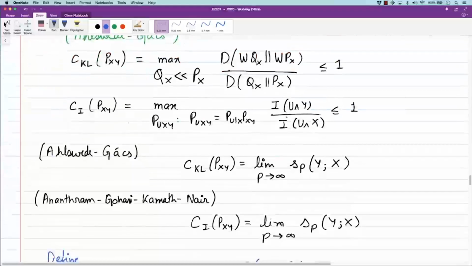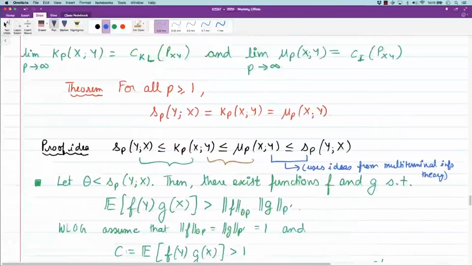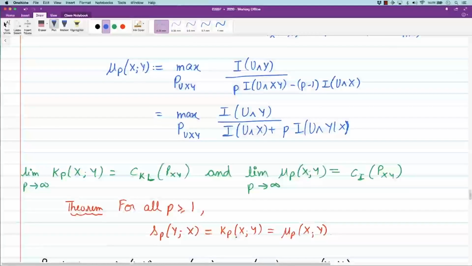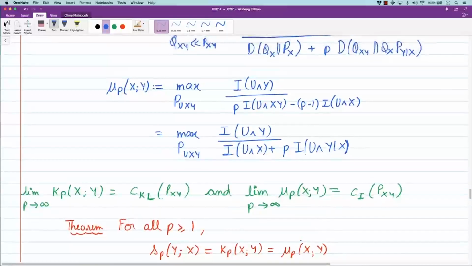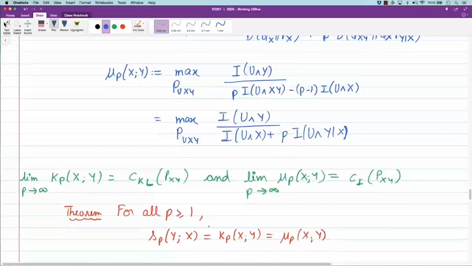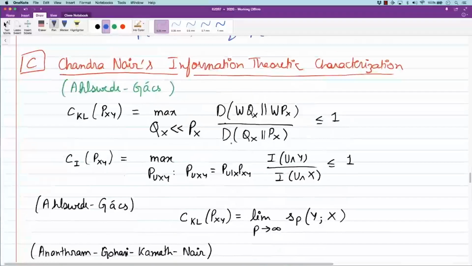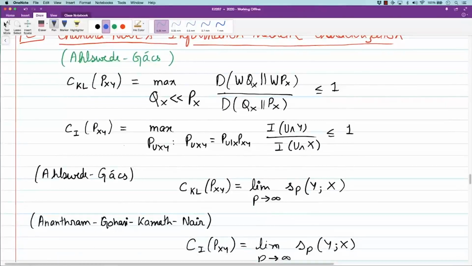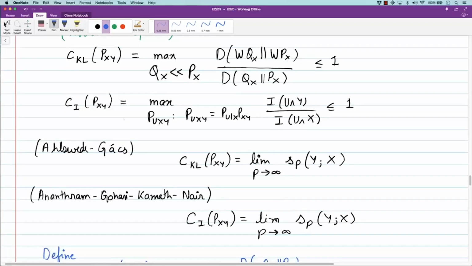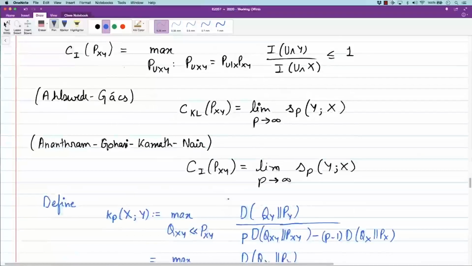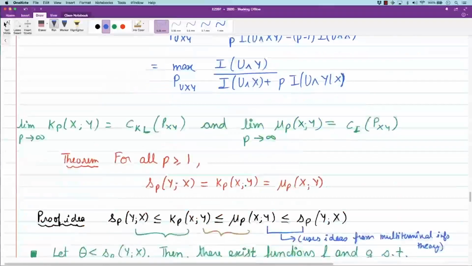And finally we saw this alternative characterization in terms of divergence and mutual information: s_p(X;Y) is equal to this kappa(P_XY), which is equal to mu(P_XY). By the way, once we establish this identity, then by taking the limit p going to infinity, both these results follow. Clearly the strong data processing constant is equal to s_p as p goes to infinity, and again both strong data processing inequality constants are equal to this, and therefore both of them must also be equal. Okay, so this concludes this lecture.